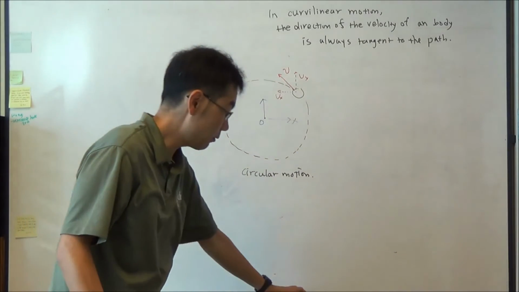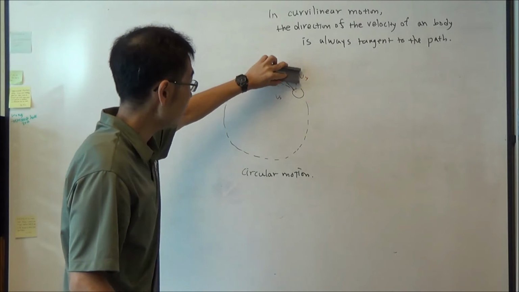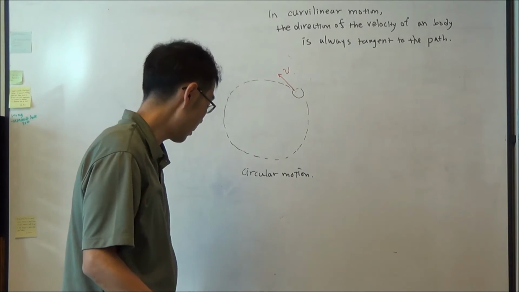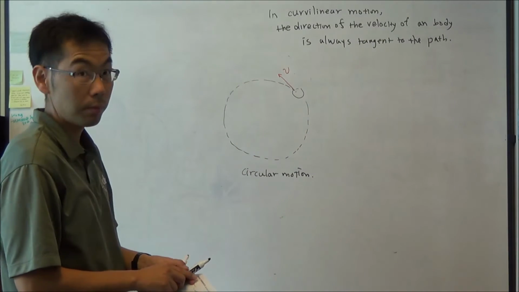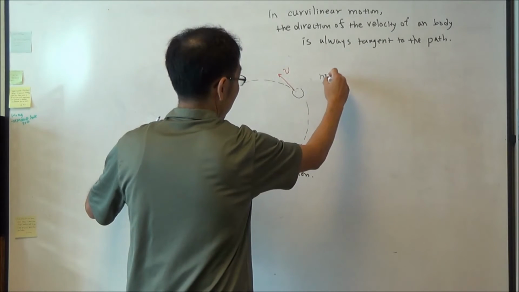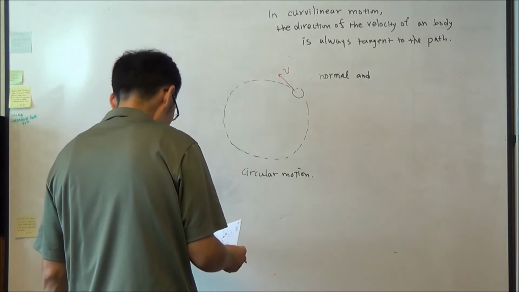That's more convenient and easier to describe the motion, right? That's why in this case, rather than using the rectangular coordinate system, we are going to use normal and tangential components.